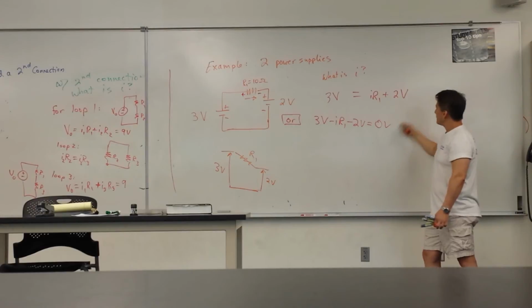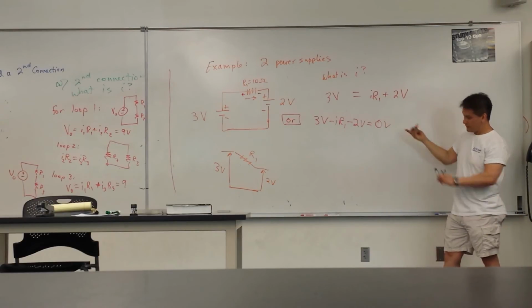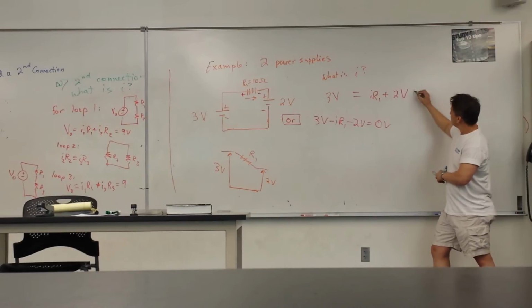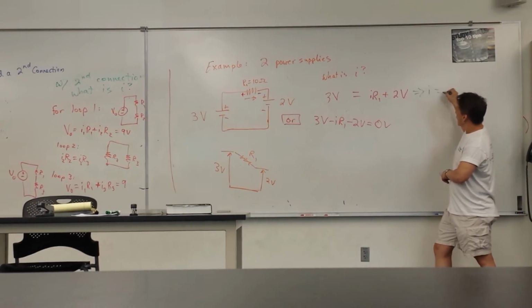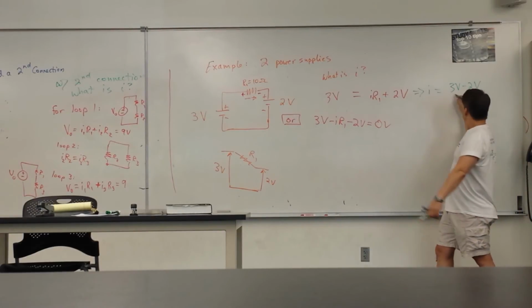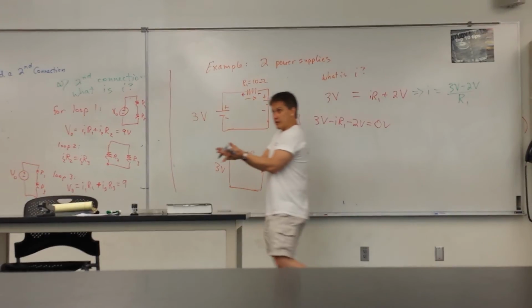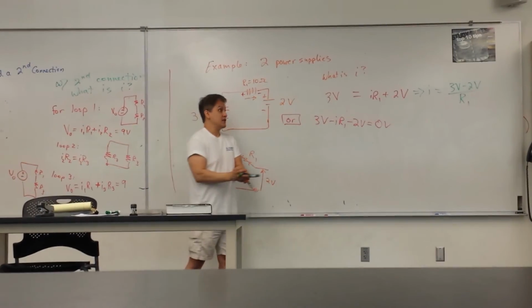So I just thought about it, probably this is the simplest way, up here or here, either way. Then I can say, oh look, if I solve for I, it's going to be the difference between 3 volts and 2 volts, or basically what I said anyway. And then if I divide that by that resistor, that will be the charge that flows through that region or across that element.